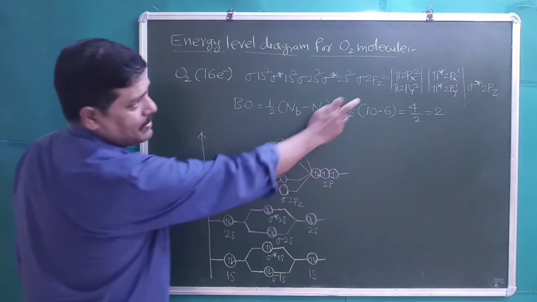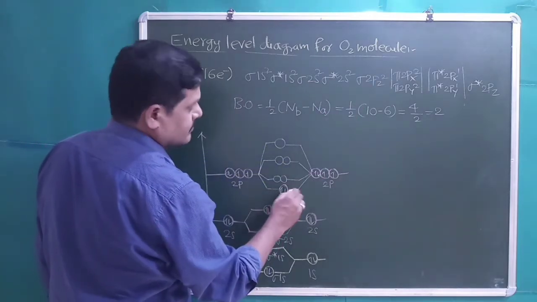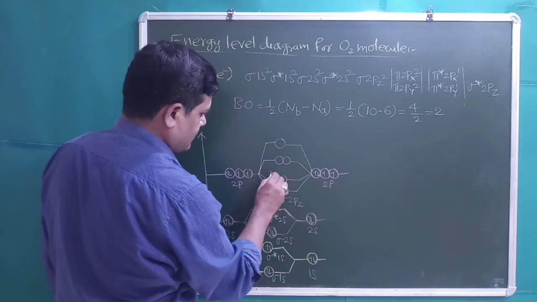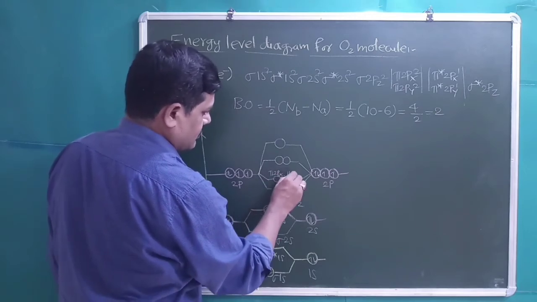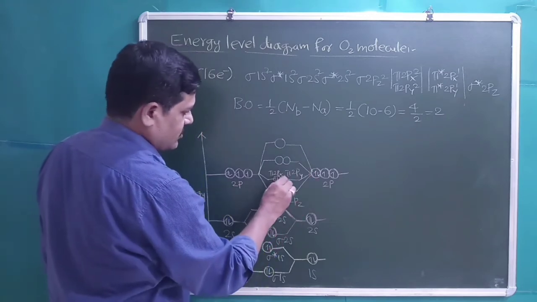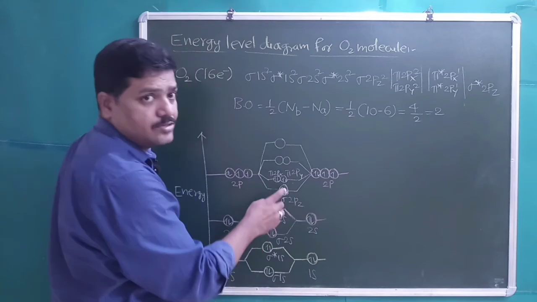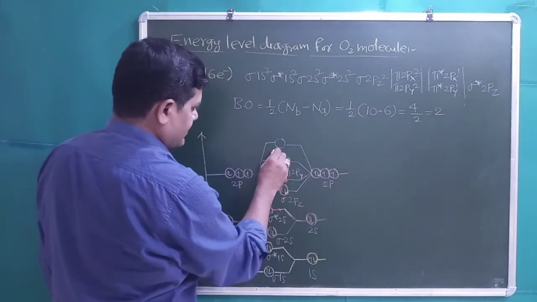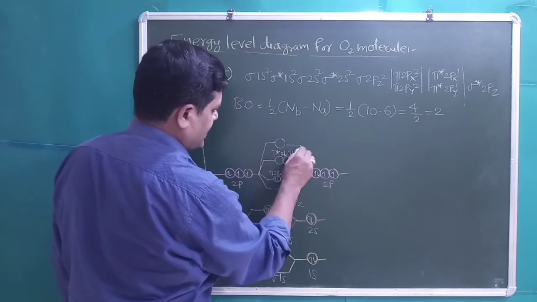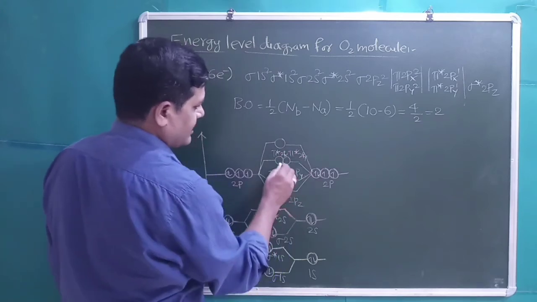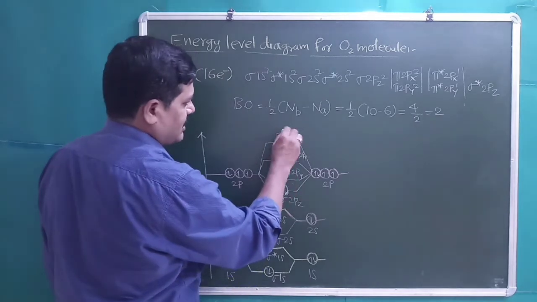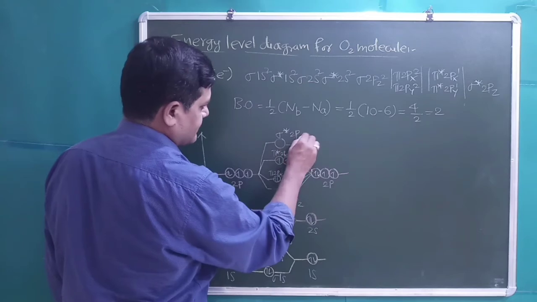This is sigma 2pz, which has 2 electrons, and these two orbitals, pi 2px and pi 2py, each have 2 electrons. The top 2 orbitals are pi star 2px and pi star 2py, with 1 electron in each orbital, and sigma star 2pz is empty.